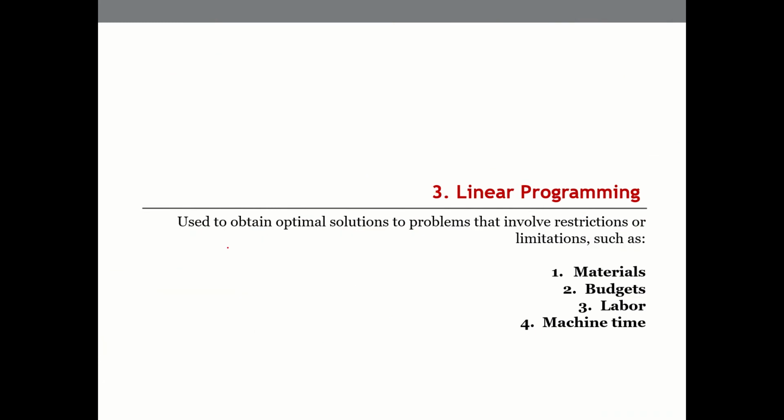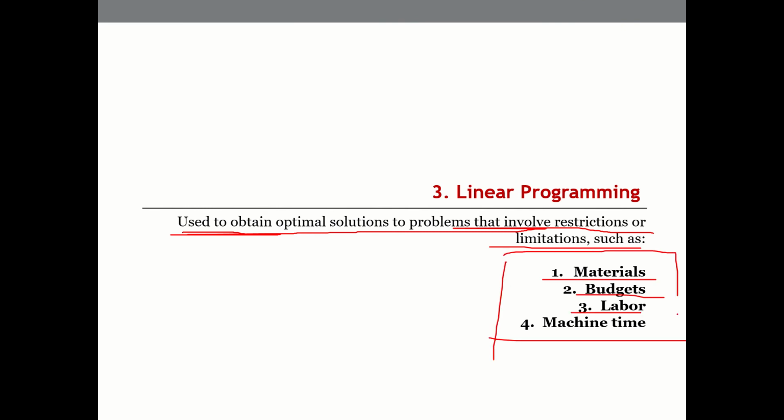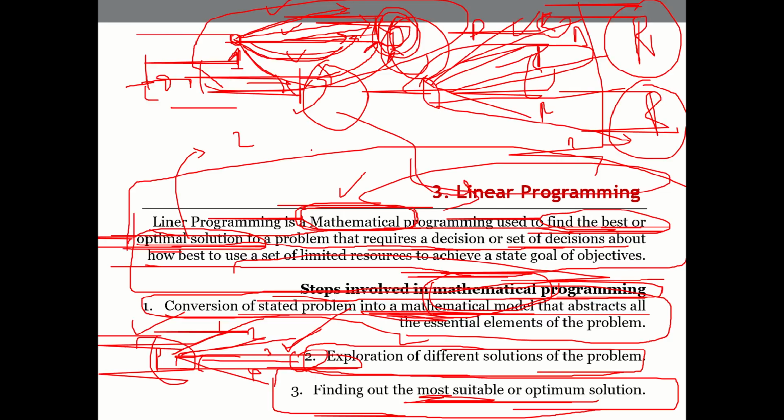Okay, where is it used? Linear programming is used to obtain optimal solutions to problems that involve restrictions or limitations such as material, budget, labor, machine. If we have constraints, like here we said we will start from position A and reach position R, and we have certain worked-out alternates.